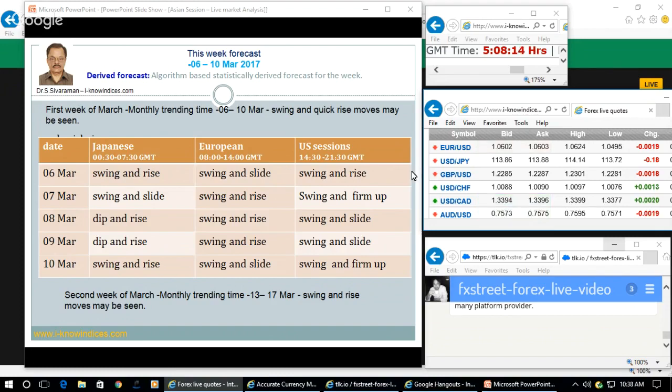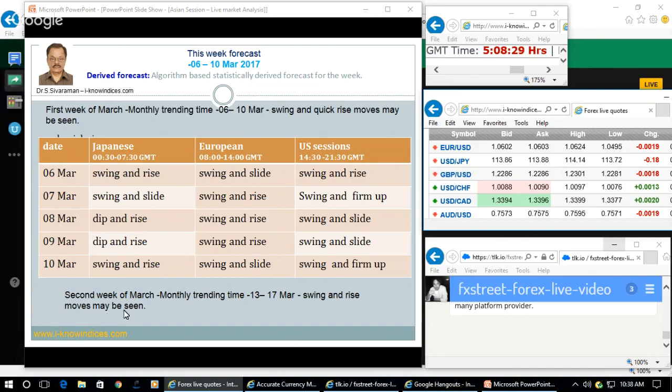So you could come across the players making stop-ins either way, initially a drop before the data release, and afterwards they are expected to slowly gain the level on Friday.